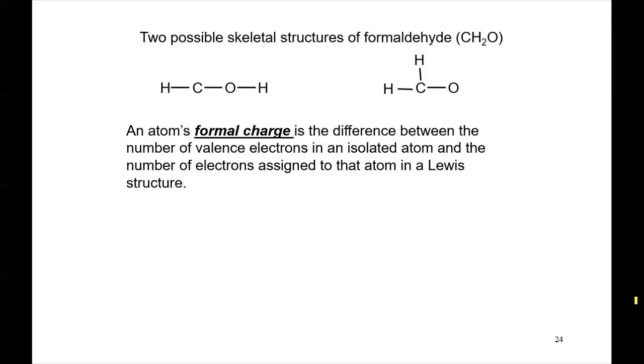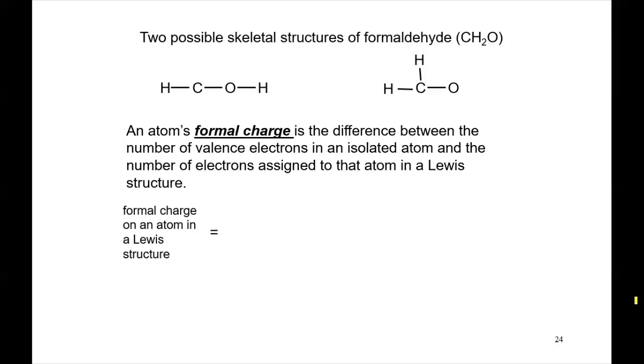Since we're sharing electrons, we pretend that for each bond, which has a pair of electrons, one electron is assigned to one atom and the other electron is assigned to the other atom. Although for the octet rule each atom counts both electrons, for formal charge you only count 1/2 of each bonded pair.